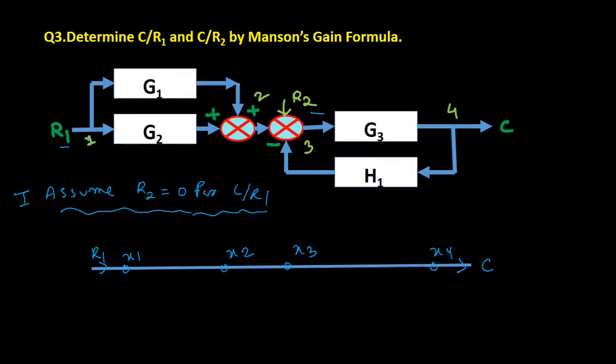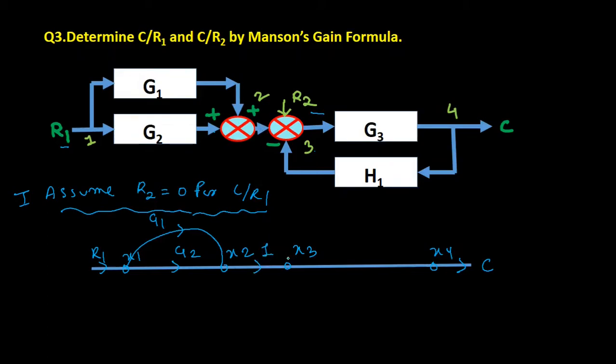Between node 1 and 2 there is a block of G2, so we mark G2. Then between node 1 and 2 again a block of G1 is coming, so we draw a curve and mark G1. Between node 2 and node 3 there is no block, that means the gain will be 1.